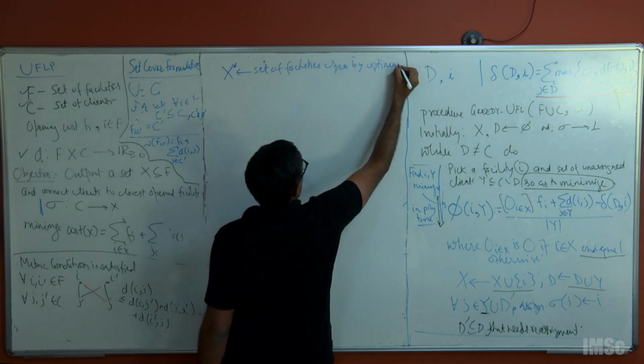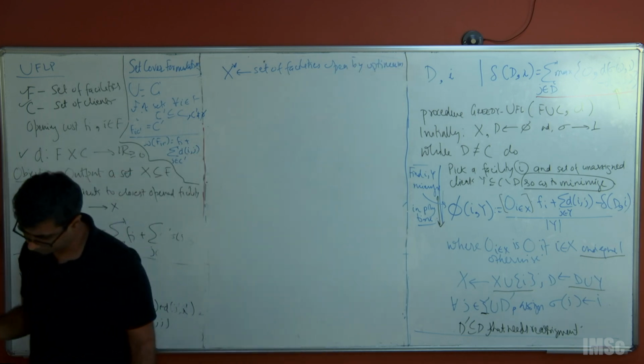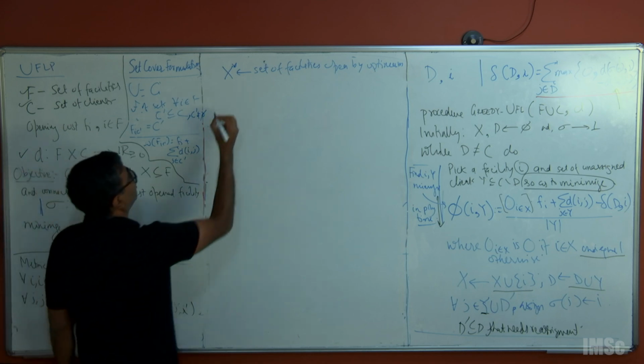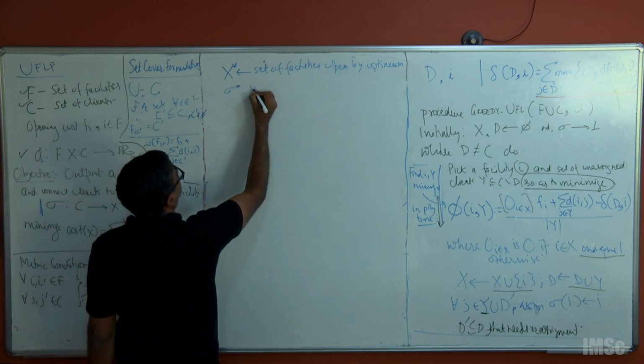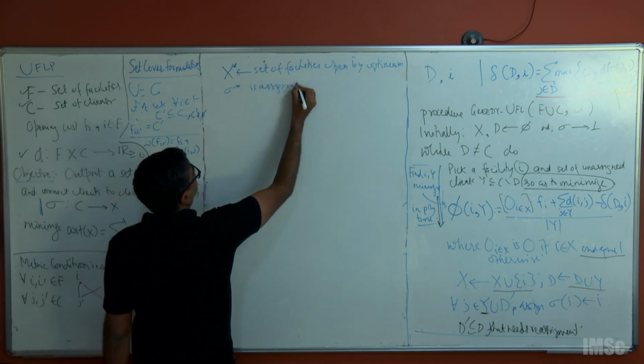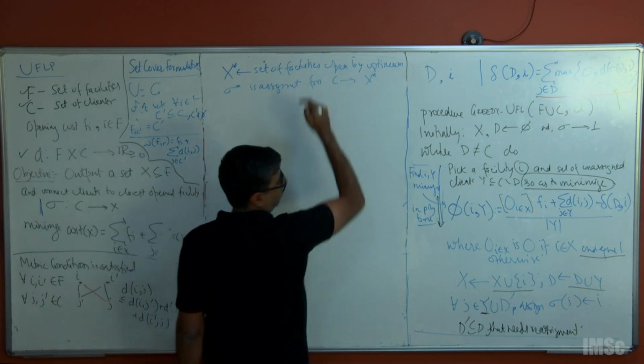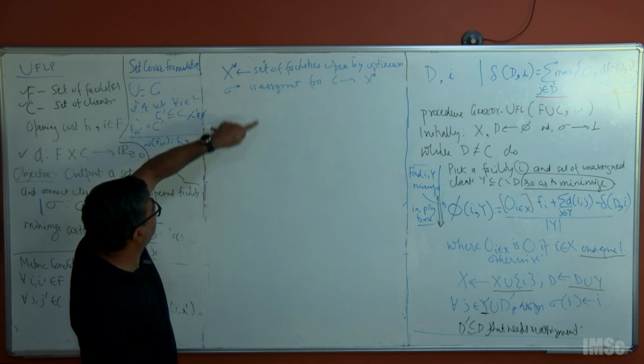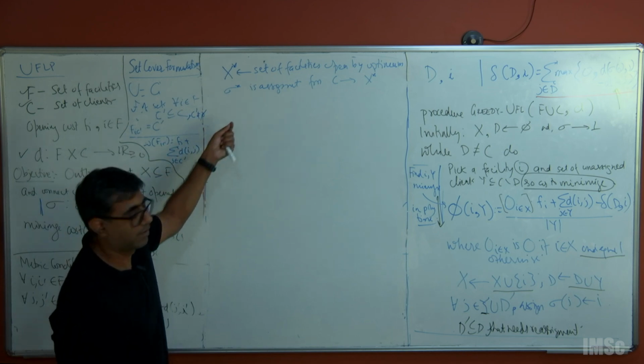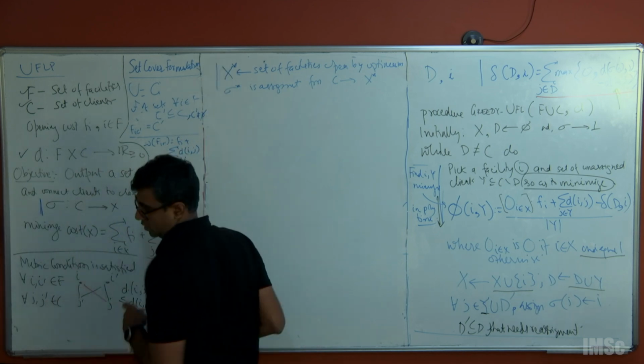And sigma star is an assignment from C to x star. If I know x star, sigma star is fixed, because you assign every client to its nearest facility. So this is with respect to opt.